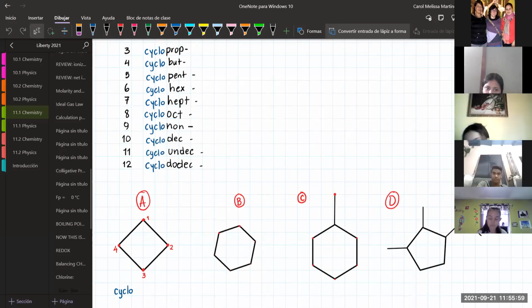Butane. Cyclobutane. Okay, very good. Cyclobutane. It ends in ane because they are only single bonds. Remember, whenever you have single bonds, it's going to end in ane because they are alkanes.